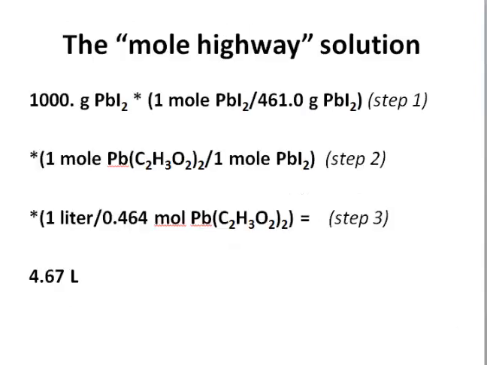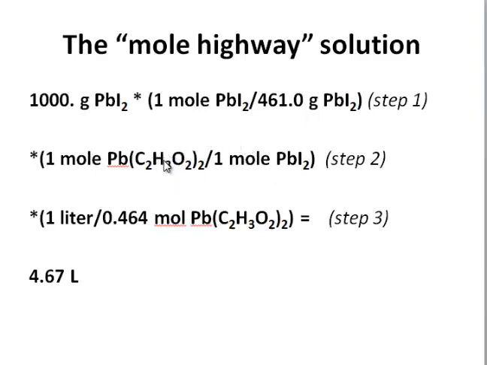Let me show you the calculation. Here is our mole highway solution. A kilogram is 1,000 grams. So we have 1,000 grams of lead iodide. That is converted to moles by multiplying by 1 mole over 46.10 grams. And we multiply by another factor, 1 mole of lead acetate over 1 mole of lead iodide.